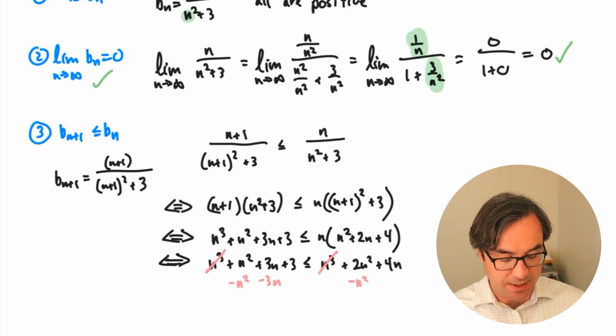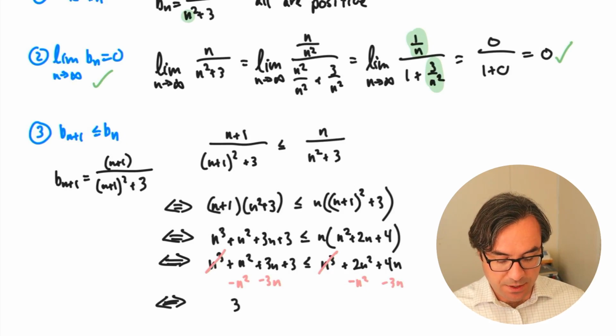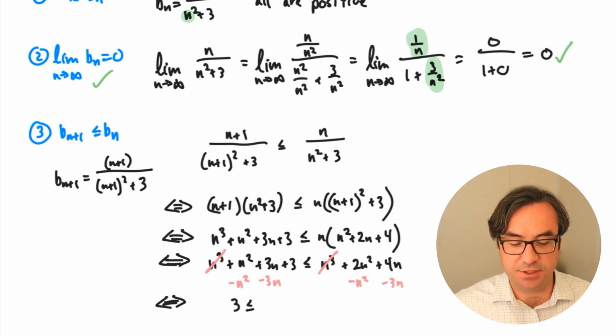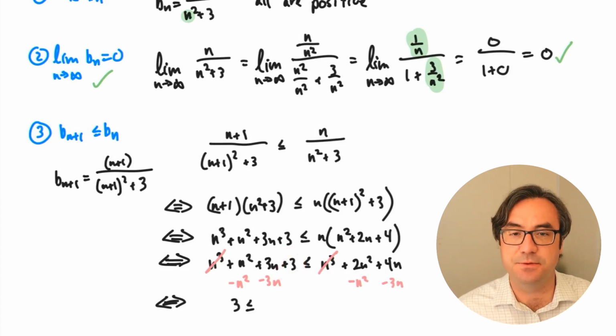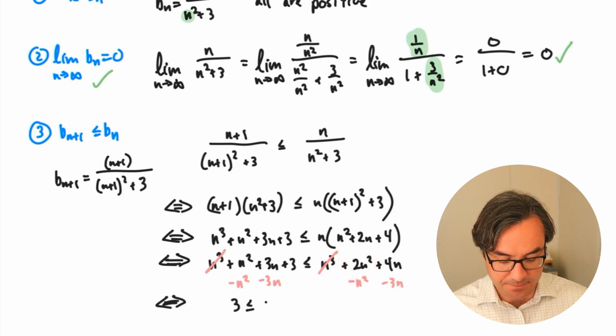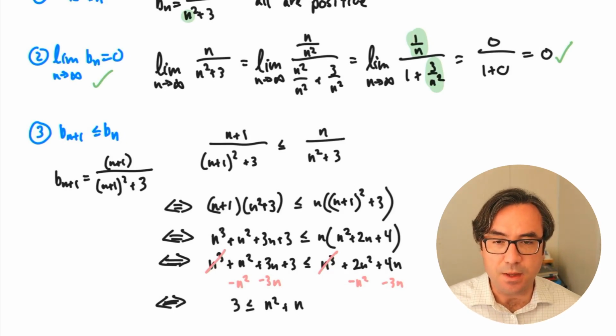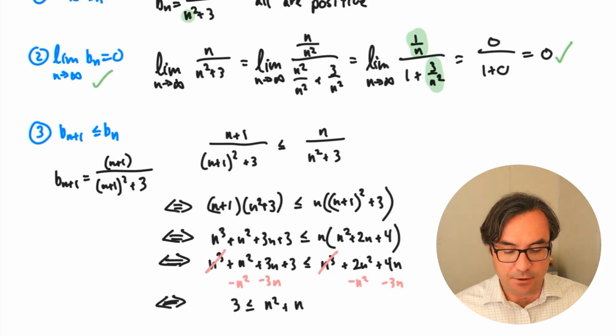And then let's subtract 3n from both sides. So once we do that, we end up with 3 over there on the left. Just that constant, that's all by itself. And then we end up with an n squared plus n. And this is not always true.